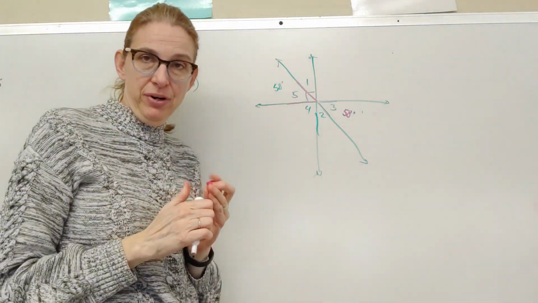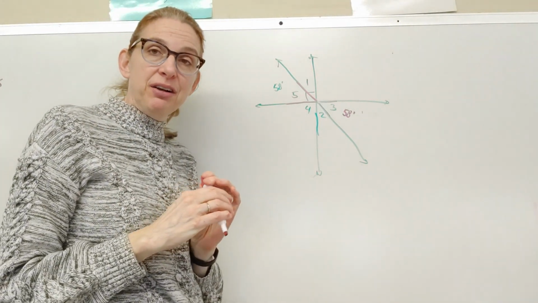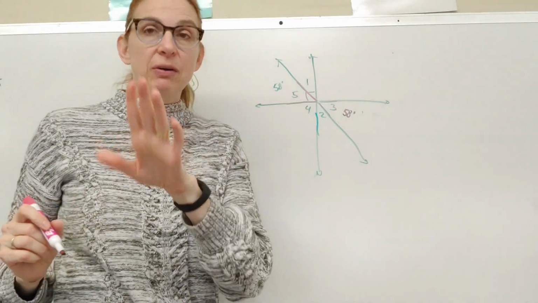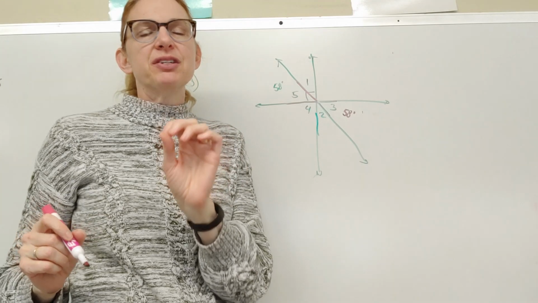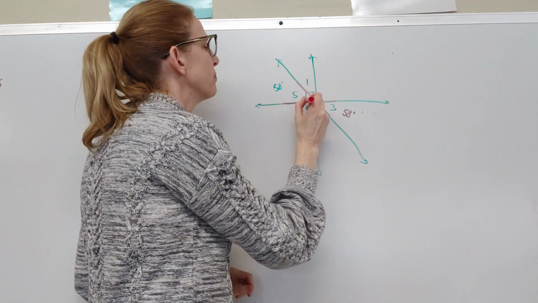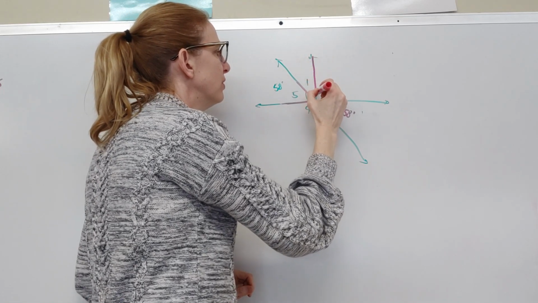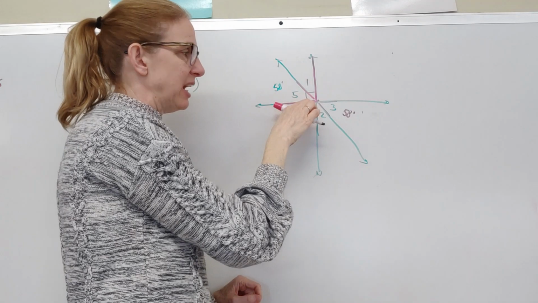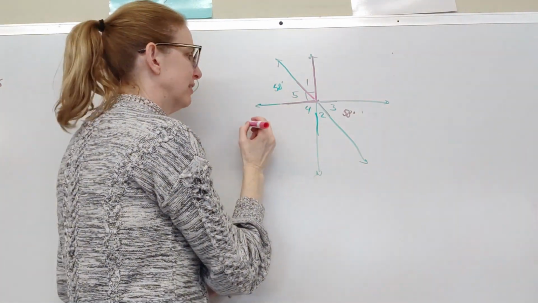Now, also remember, supplementary angles add up to be what? 180. But I'm asking about complementary. Complementary angles add up to be what? 90 degrees. Look at here. Here's my right angle. So angle 1 and angle 5 together must add up to 90.